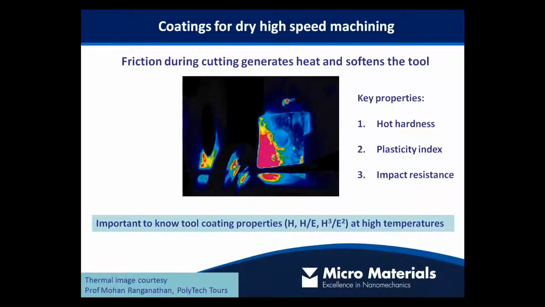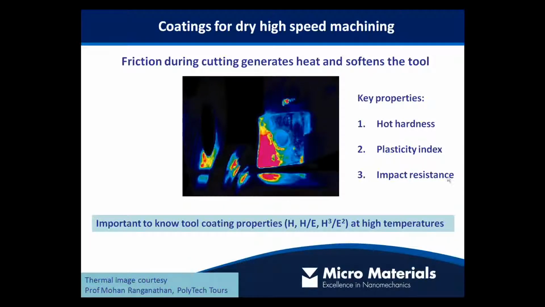During these operations, frictional interaction between the tool and the workpiece causes a lot of heating. That softens the material. It also changes the ratio of the elastic behavior to the plastic behavior of the material, the plasticity index as we refer to it, and also the impact resistance of the material. It's very important to know about that, particularly when you're looking at milling operations where the cutting is interrupted.